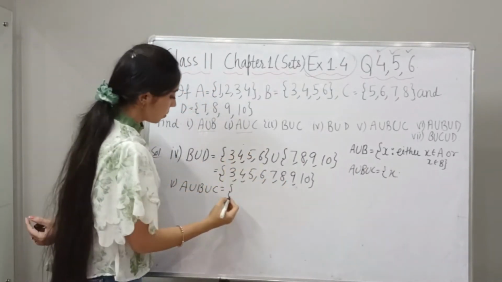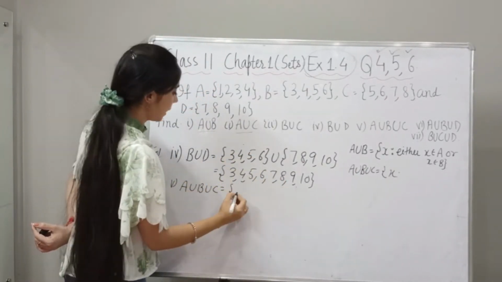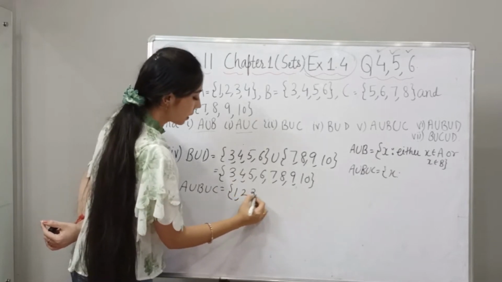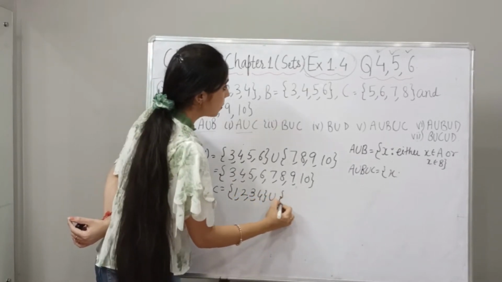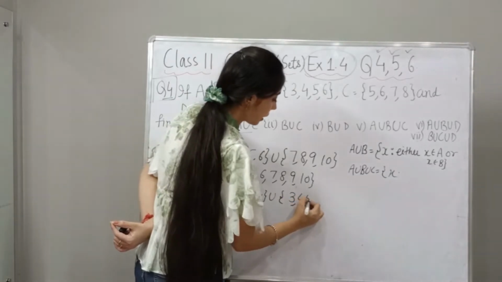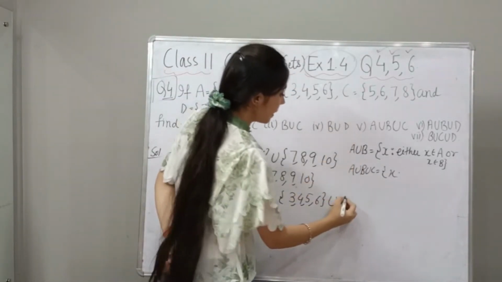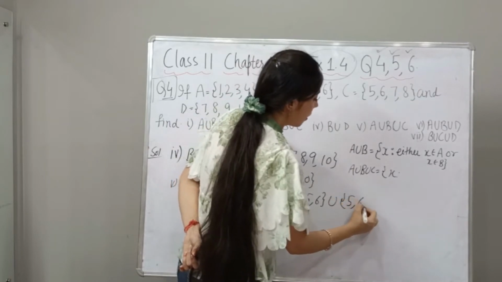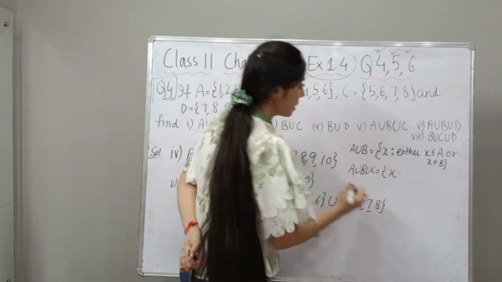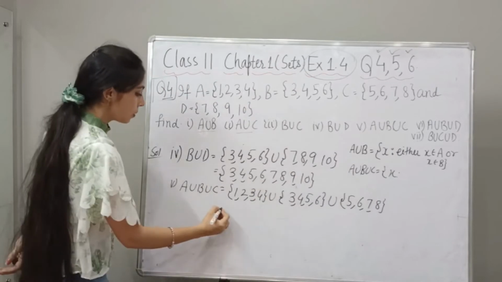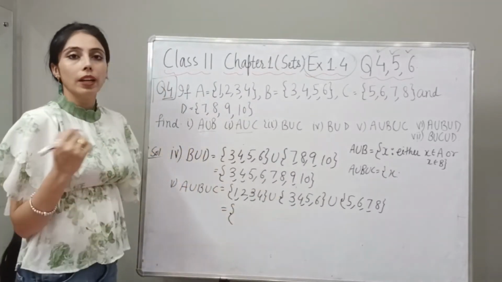So what is A? A is {1, 2, 3, 4}. What about B? This contains 3, 4, 5, 6, these 4 elements. And C contains 4 elements which are 5, 6, 7 and 8. So we have to find the union of these.